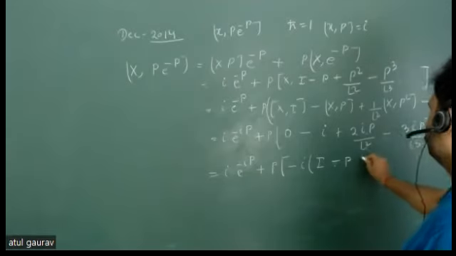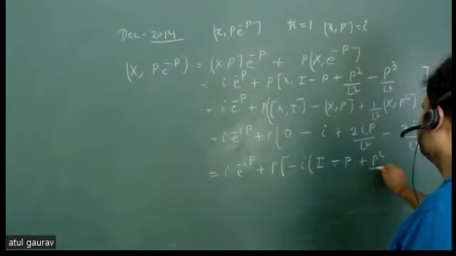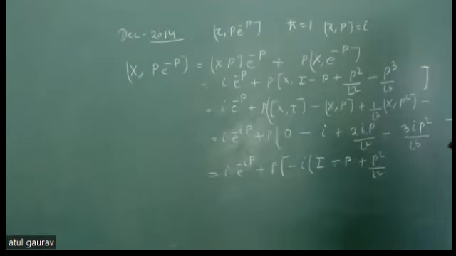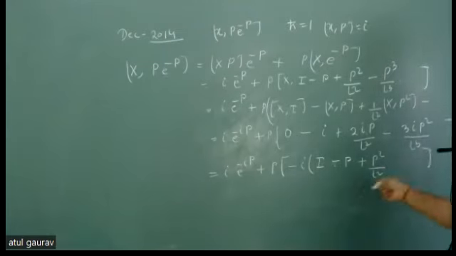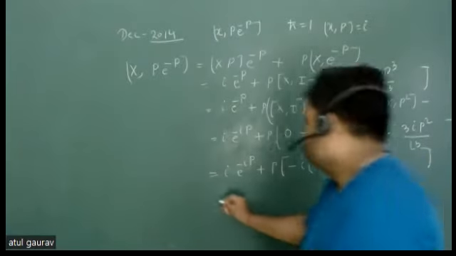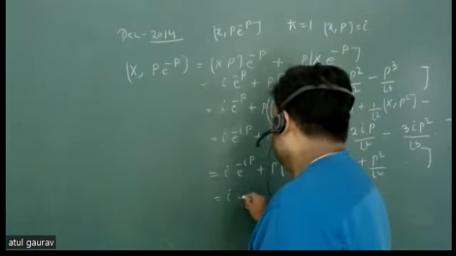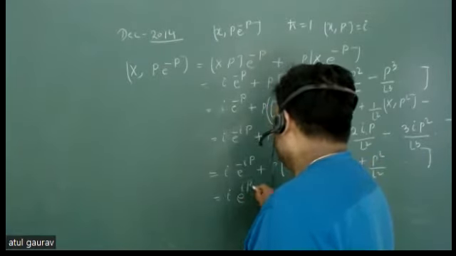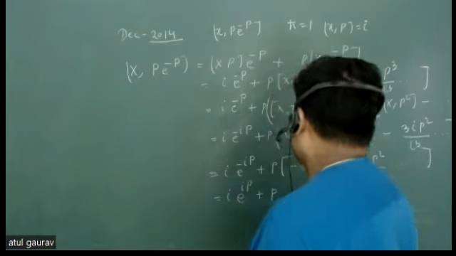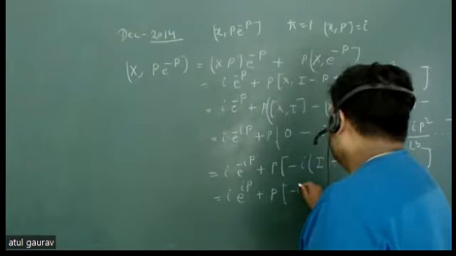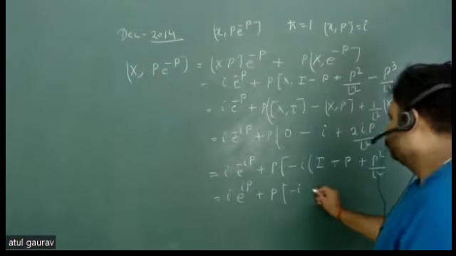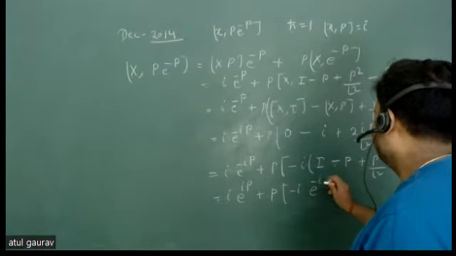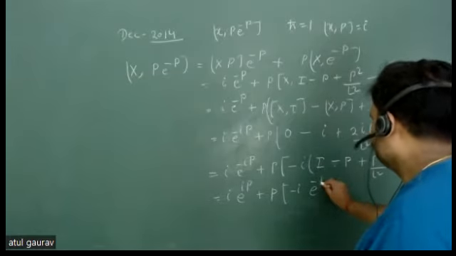What will be the next one? Plus p square by factorial 2, and then we can go for higher order terms. So obviously, what will be this value? This value is equal to i e to the power minus p plus, and here we have minus i, and what is this value? This value is equal to e to the power minus p, isn't it?